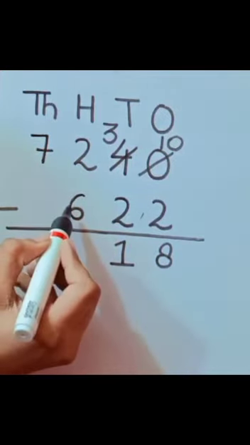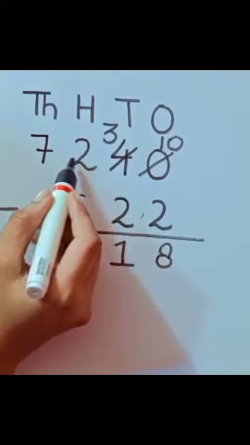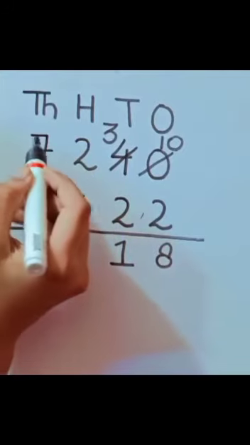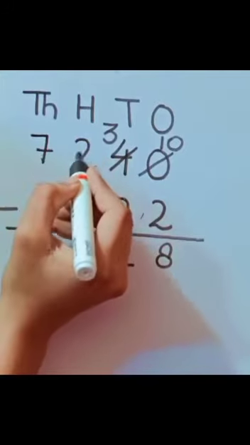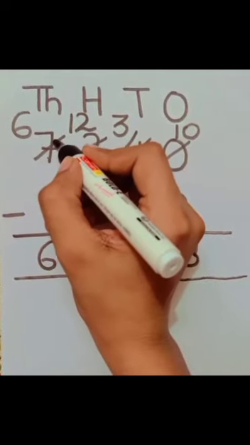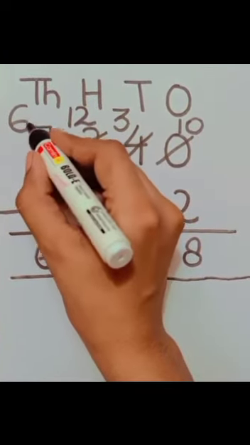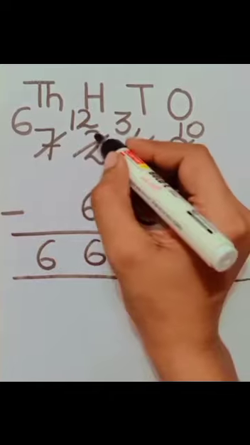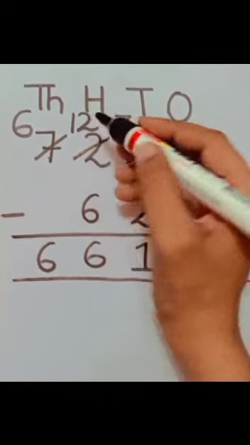Again we can't subtract 6 from 2. Again we are going to borrow from thousands place. So 7 will become 6 and 2 will become 12.